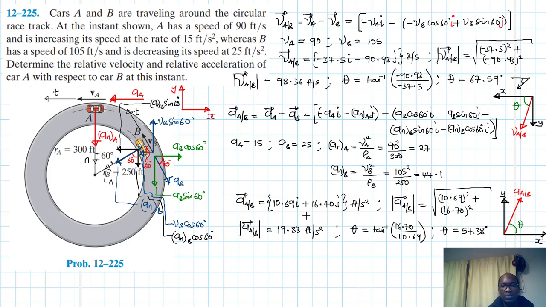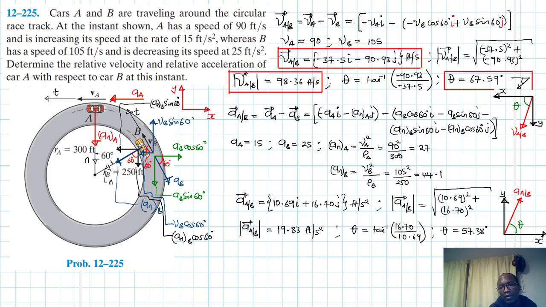Let's outline the solutions. We have the vector expression for velocity of A with respect to B, the magnitude, and then the angle.